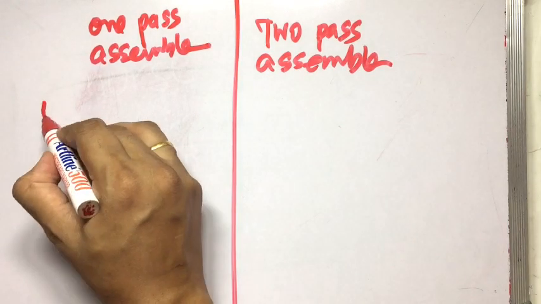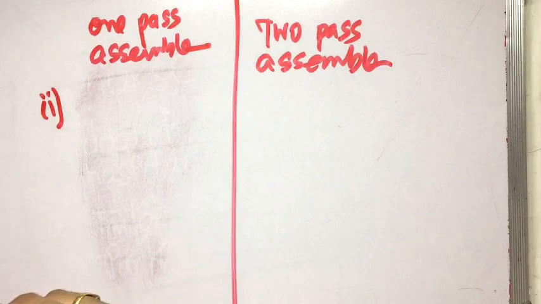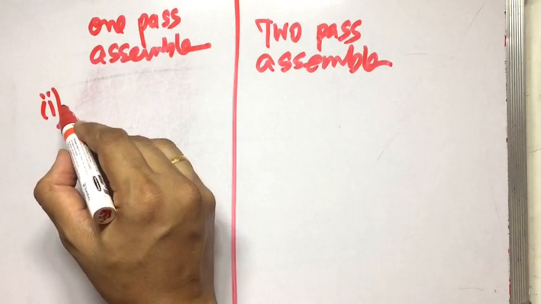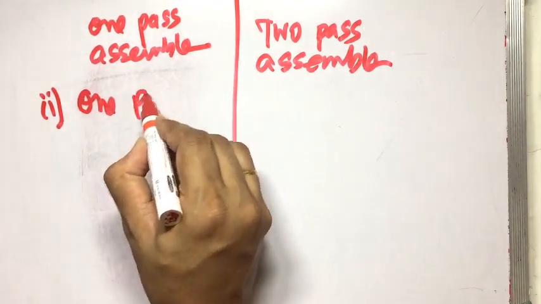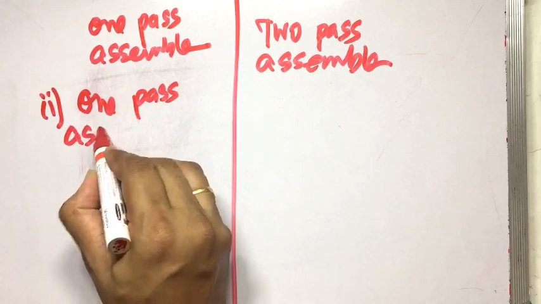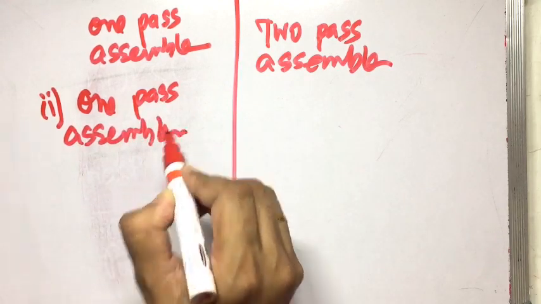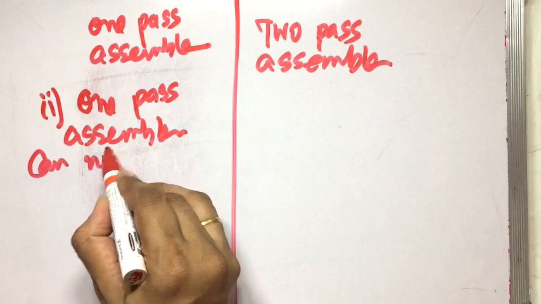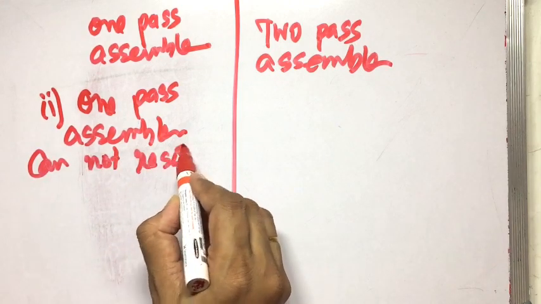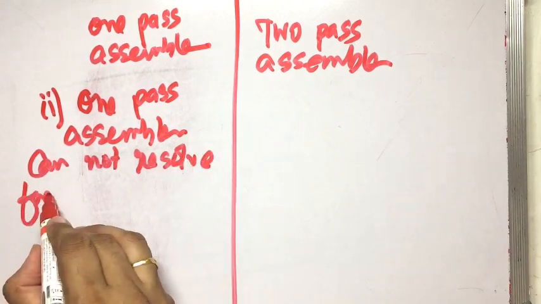Now the second difference between one pass assembler and two pass assembler. A one pass assembler cannot resolve forward references.